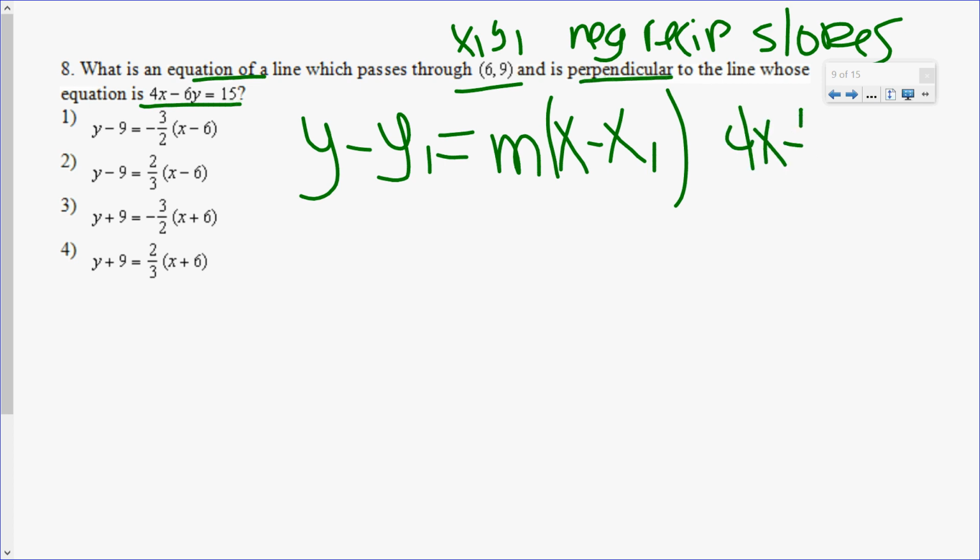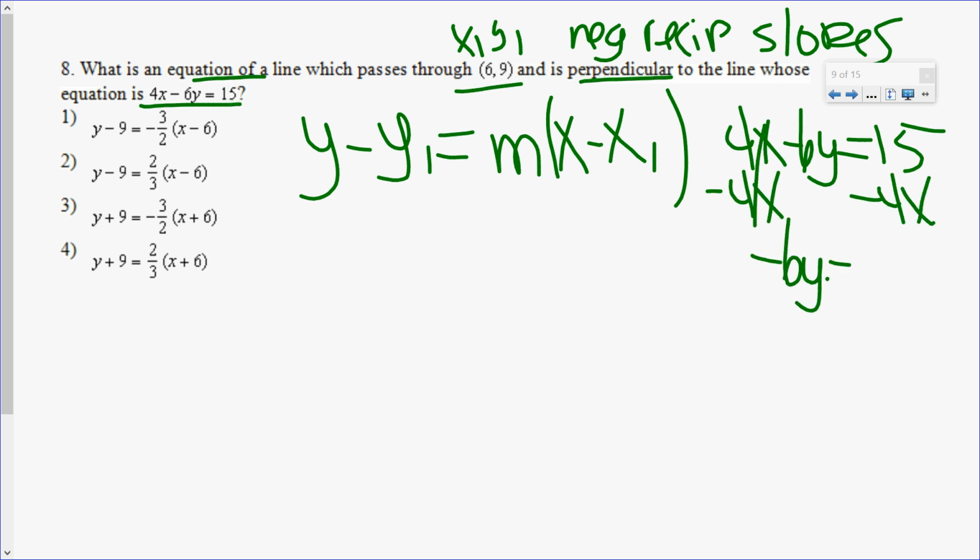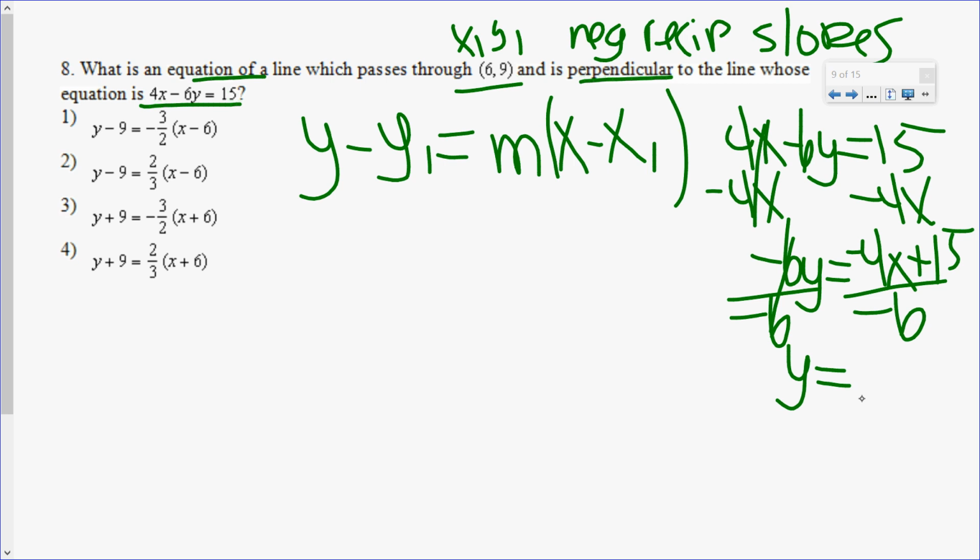It's not in the proper form right now, so we need to get it into the proper form. Subtract 4x, subtract 4x. Divide by negative 6. Negative 4 over negative 6 reduces to positive 2/3. 15 over negative 6, 15 over 6 is 5 over 2.